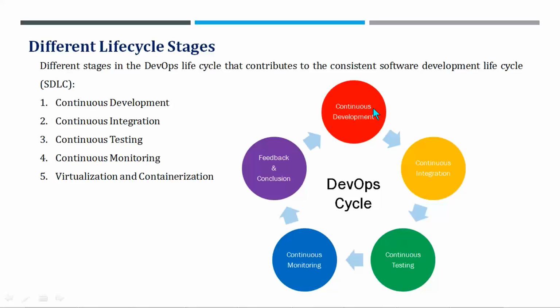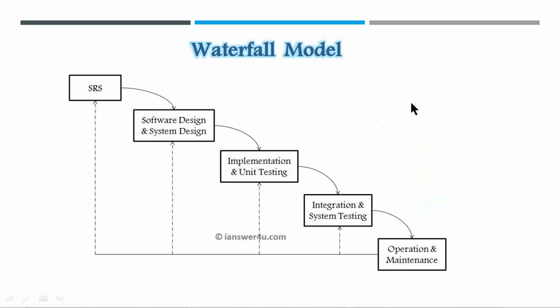In the traditional SDLC model, we have something called the waterfall method. This is one-way traffic: software requirement specifications to software design, implementation, testing, and maintenance.